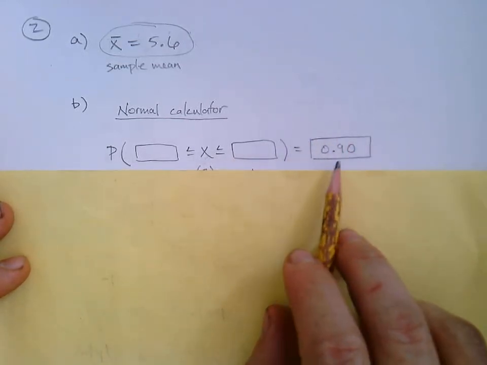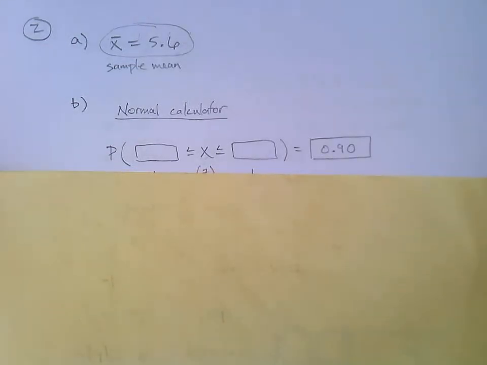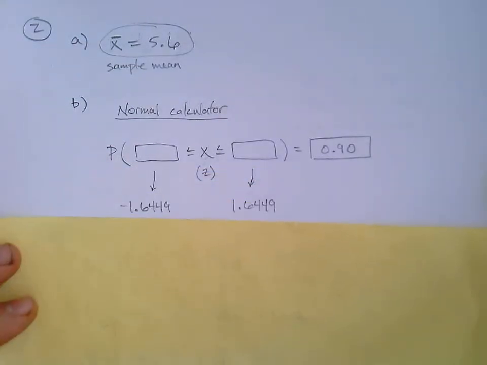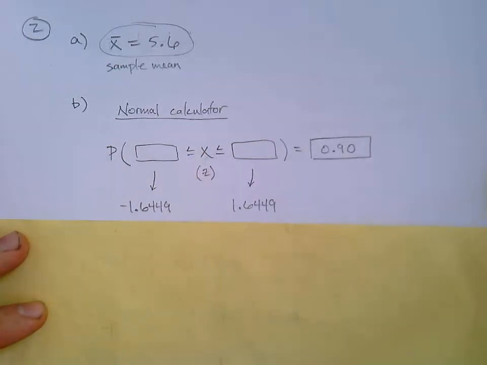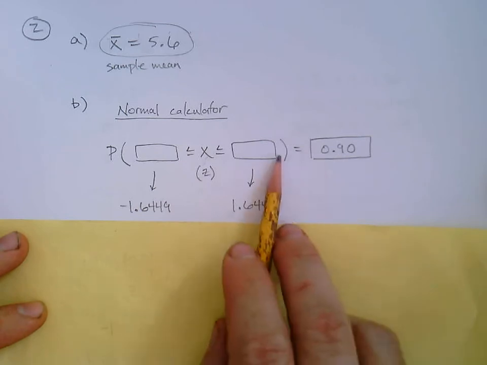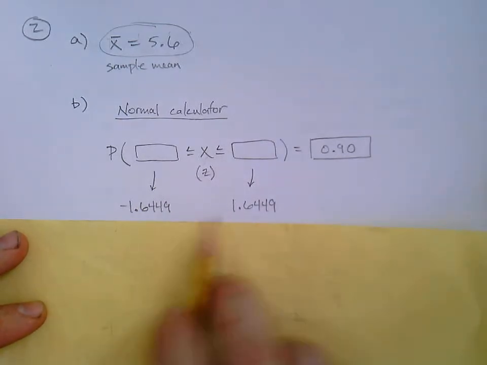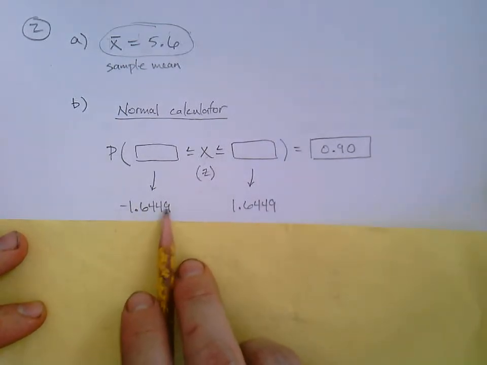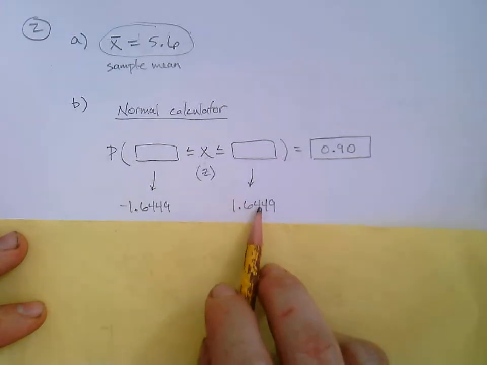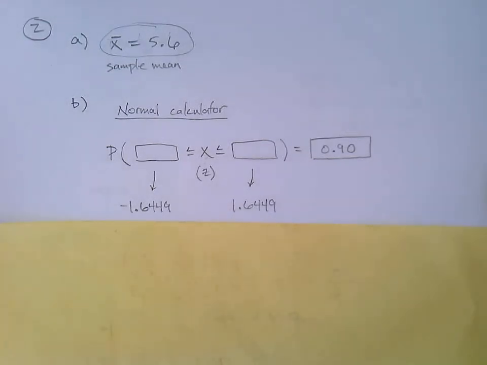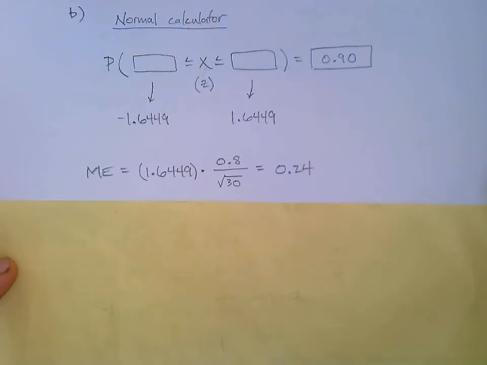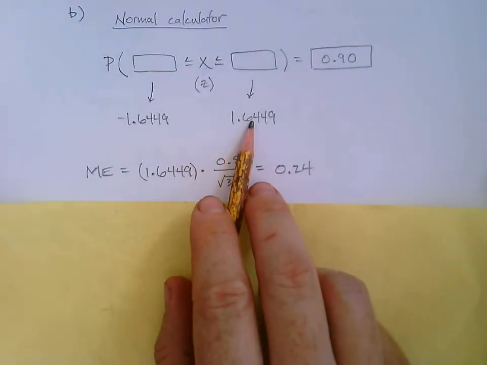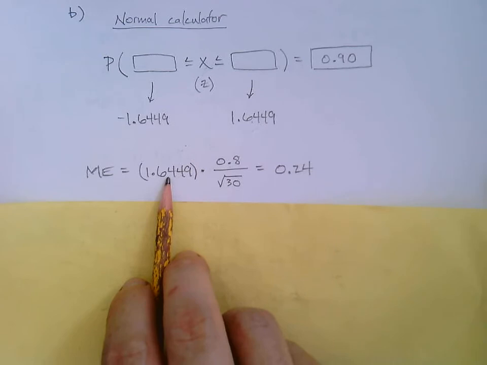The 90%, we put in 0.90, hit compute, and you notice I say this should really be a Z. I explained that earlier though. Okay, when we go backwards from the 90% confidence interval, we get the numbers negative 1.6449 and positive 1.6449. All right. So that is our Z, which we'll put into our formula.